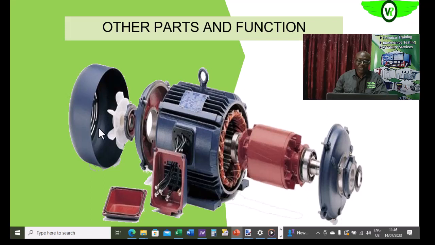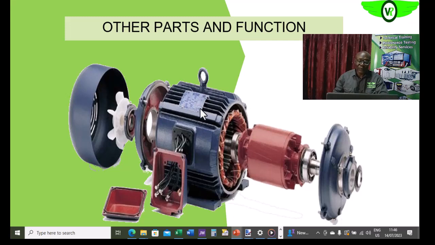Are we getting it? So as the rotor is turning, since the fan is attached to one end of the rotor, this generates air that is blown through this motor frame.